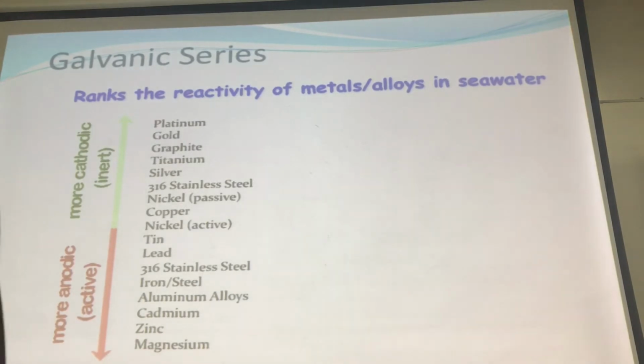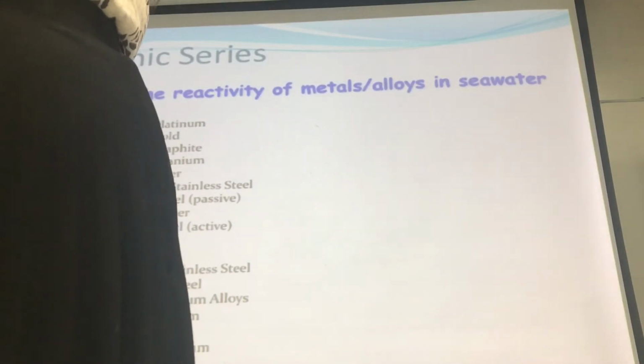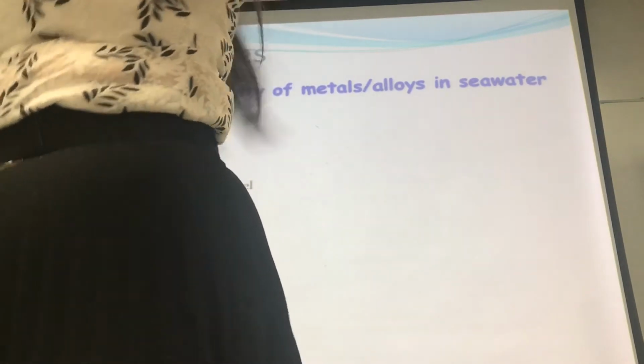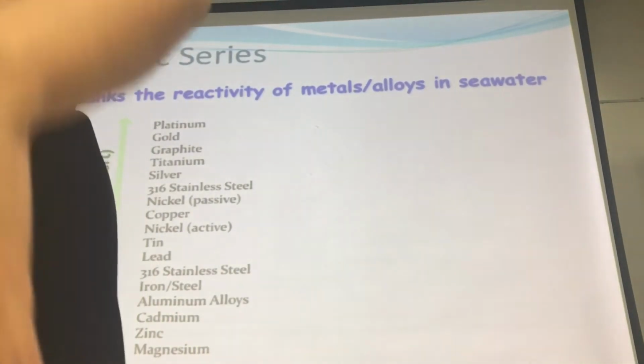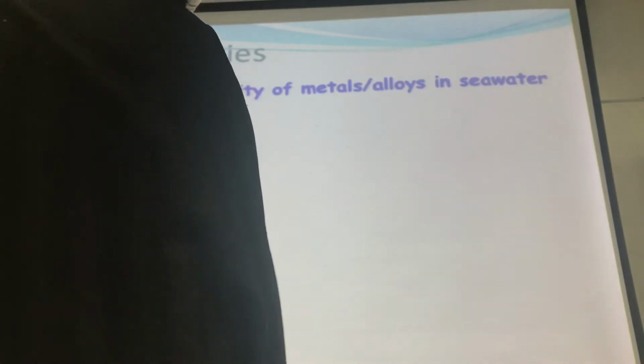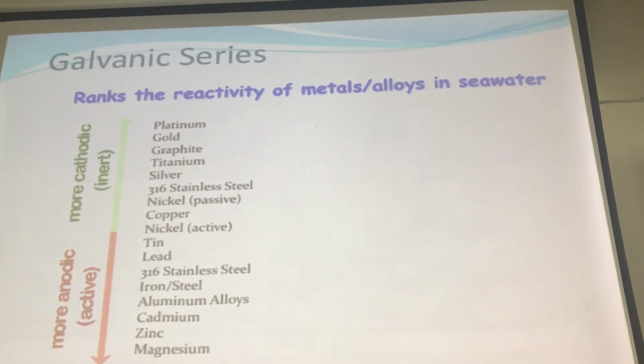For example, M and Fang. First, to rank them I connect these two together, one electrode is Fang and another is M, dip them into the seawater and see which one corrodes. Fang, you are the kinder one, you like to give electrons, so the winner is M. Next I connect M with Jiw and see which one corrodes more. M, you are the loser, so Jiw is the winner.